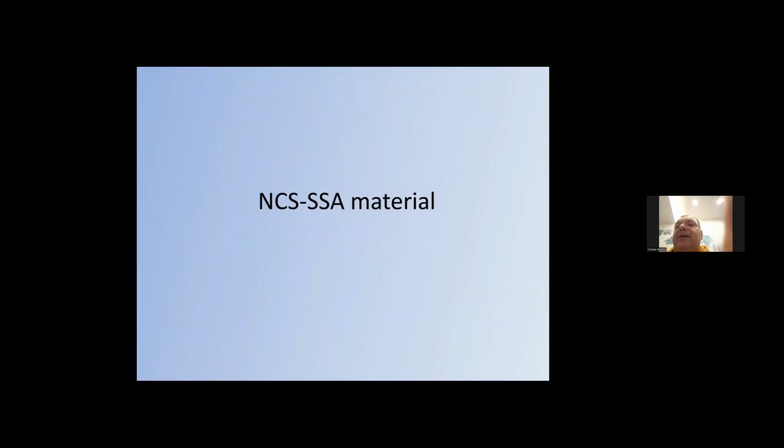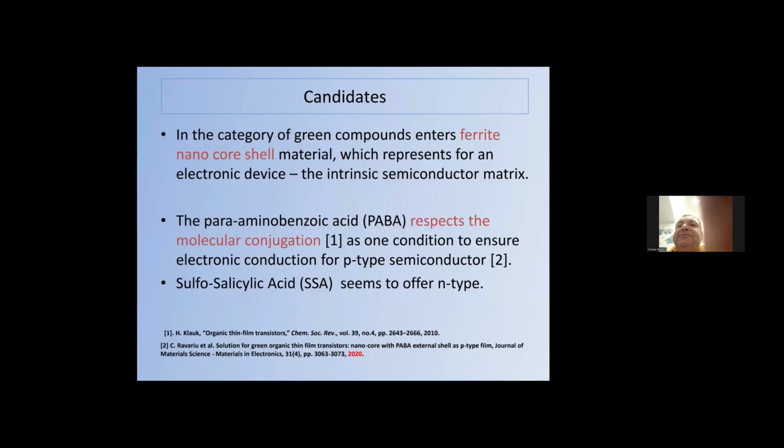So how did we produce these SSA materials?